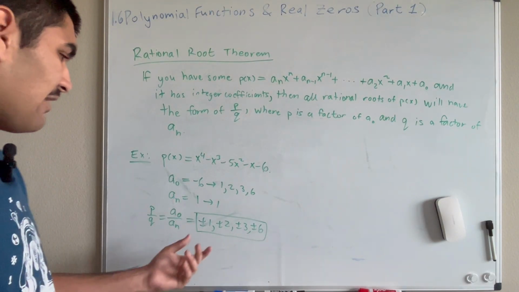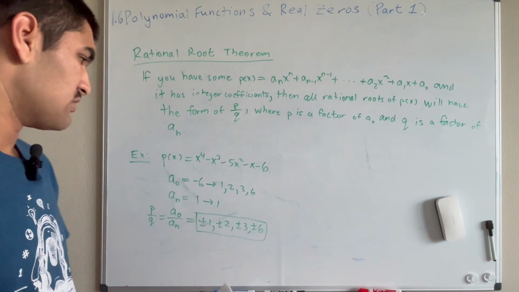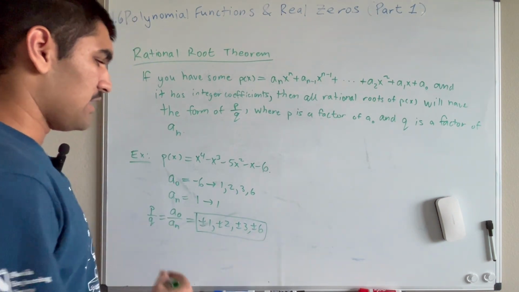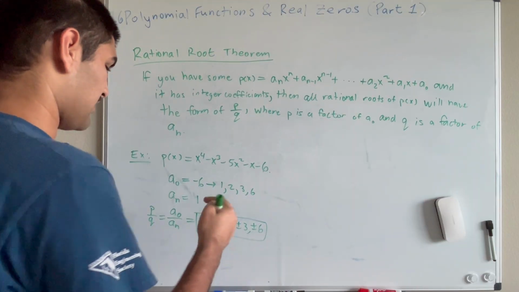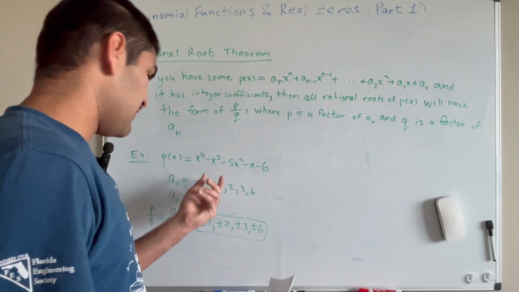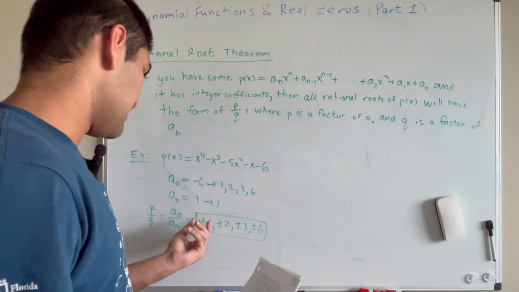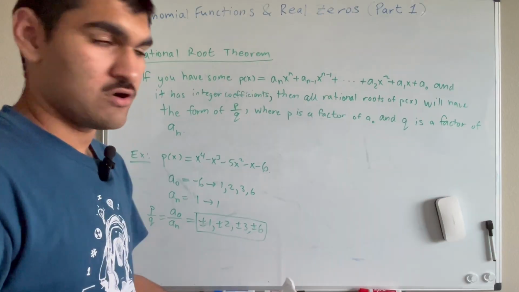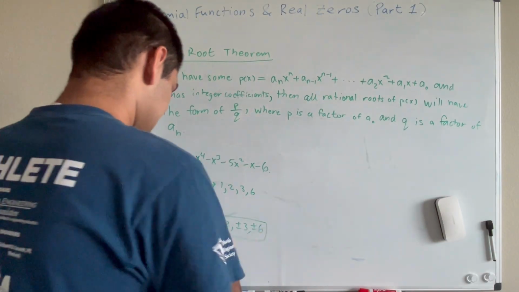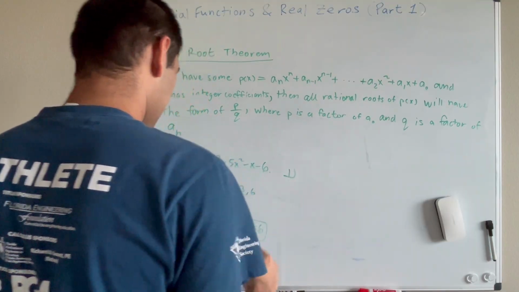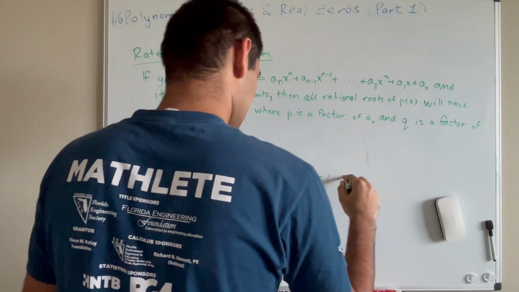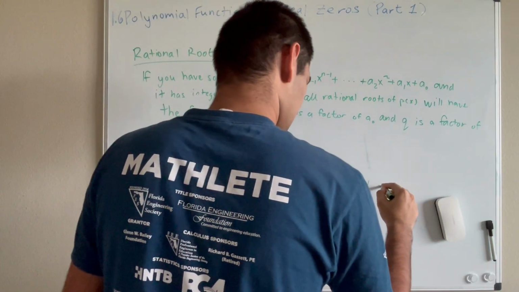And the way you find out which ones are the actual zeros is you just literally test every candidate and see which one is a factor. You can use the factor theorem for that, because if you do the synthetic division and you get a remainder of 0, that means it's a factor, which means it's also a zero. So, for example, if we tried positive 1 and did synthetic division with positive 1, the coefficients are 1, negative 1, negative 5, negative 1, negative 6.